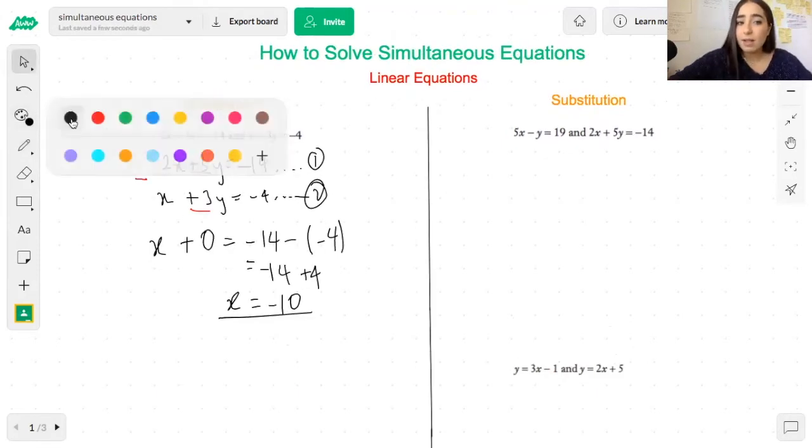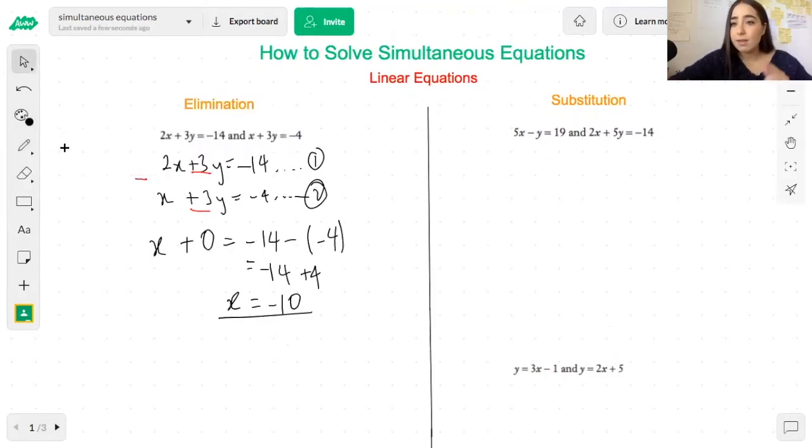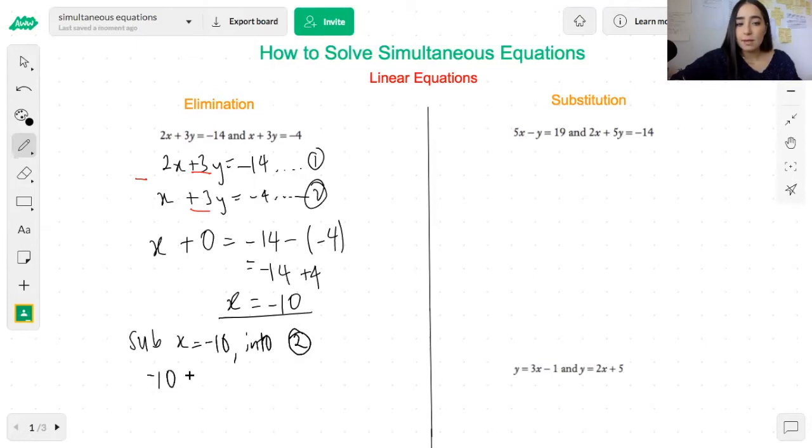Now we need to find the value of y. In order to find the value of y, you sub x equals negative 10 into either equation 1 or equation 2. It's completely up to you. In this case, I'm going to substitute it into equation 2. So subbing negative 10 into equation 2 gives me negative 10 plus 3y equals negative 4.